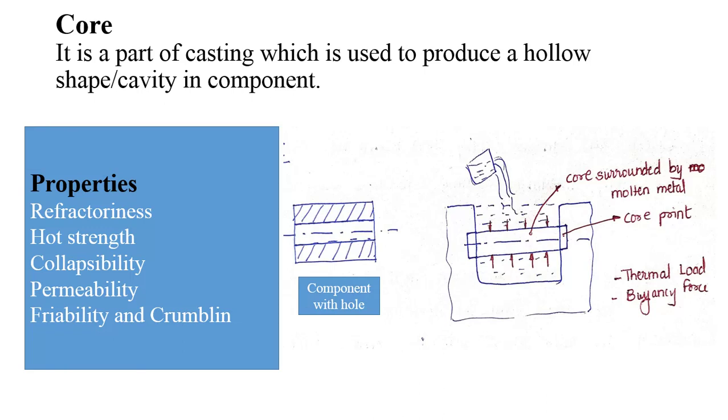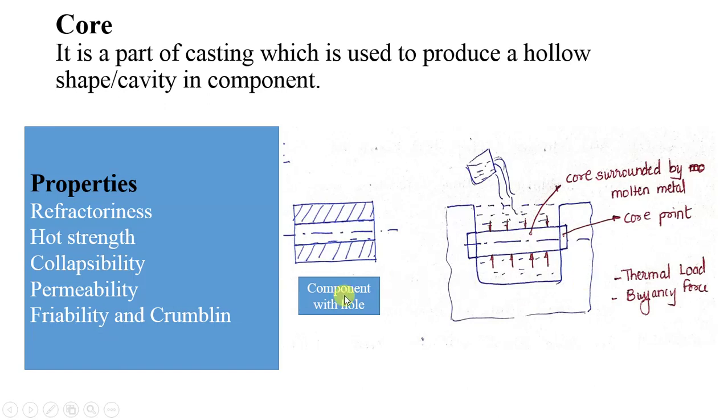Under this condition, the core should collapse. Once the pressure is acting on the surfaces, due to that pressure the core should collapse, because if it does not collapse, then there is a chance of hot tearing and cracking of the core. And if it gets cracked, then the molten metal will enter that crack, and it will disturb the inner shape of your component. So collapsibility plays an important role in this.